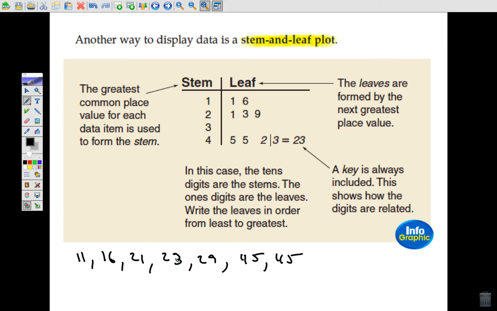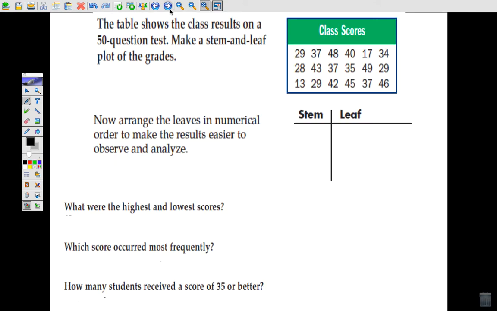That's 1, 2, 3, 4, 5, 6, 7. That's how a stem and leaf plot works. Okay. So when the data is not in raw form, then you can answer questions more easily about it. That's the usefulness, that's the benefit of having different ways to display data, whether it's the line graph or the histogram or the frequency table, or in this case, the stem and leaf plot. So here's another example. I'm going to go through this one with you guys.